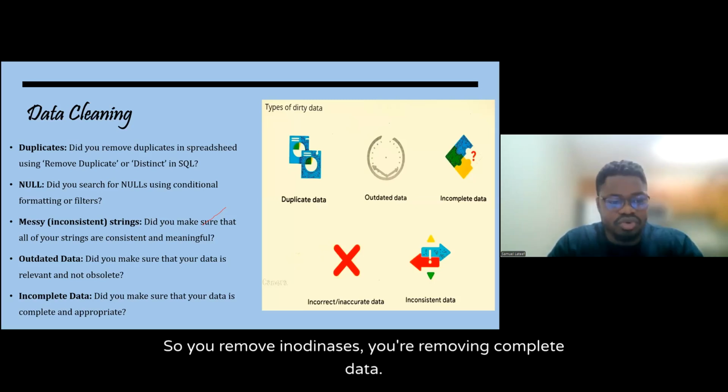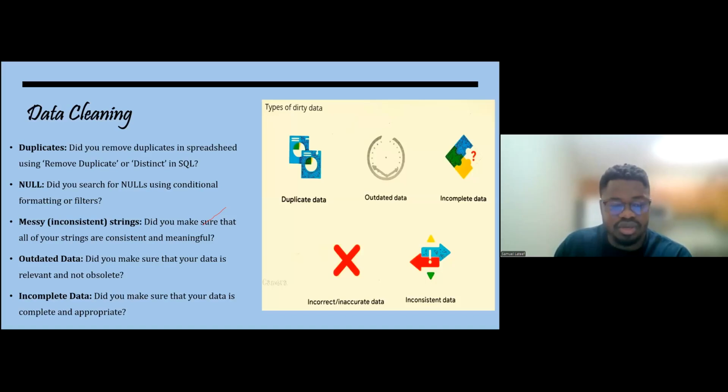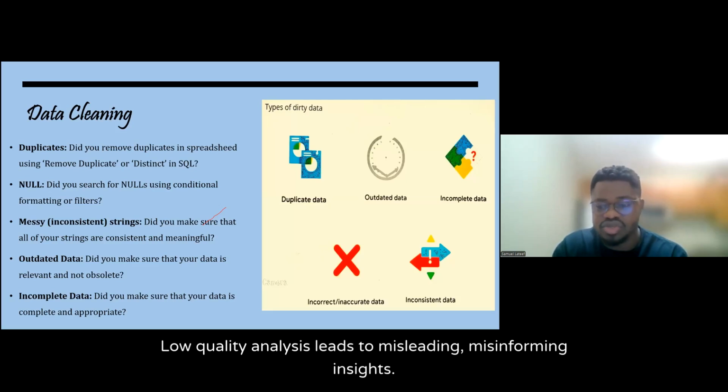Yeah, thank you. So you remove irregularities, you remove incomplete data. You have to make sure that your data set is complete, because you want to avoid low quality data. Low quality data leads to low quality analysis. Low quality analysis leads to misleading, misinforming insight.